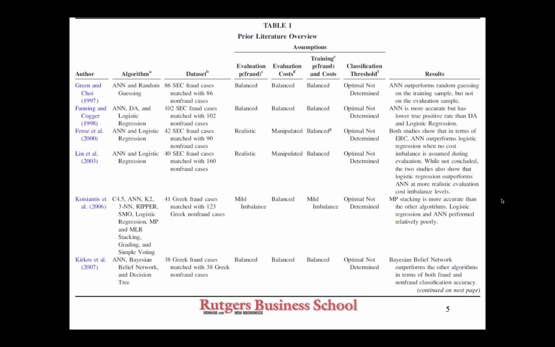Now, many of them even ignore the differences in the cost. Pretty much nobody manipulates the ratio of fraudulent to non-fraudulent in the training sample. Okay? And in many cases, they don't even attempt to optimize their prediction rule.